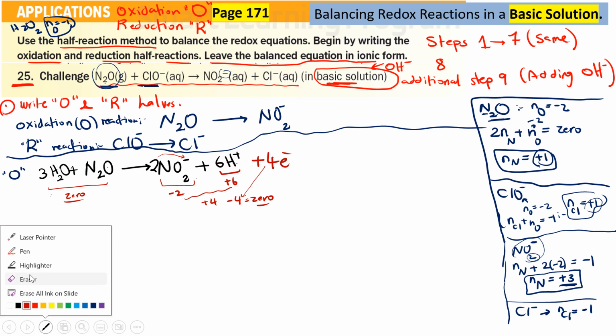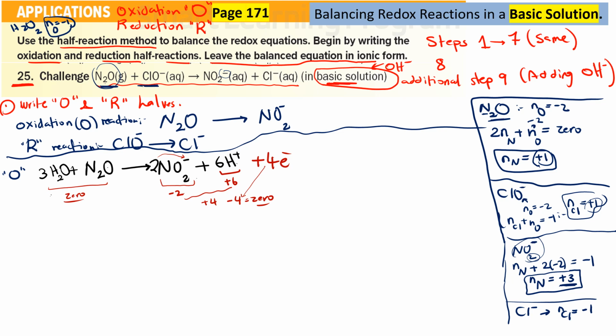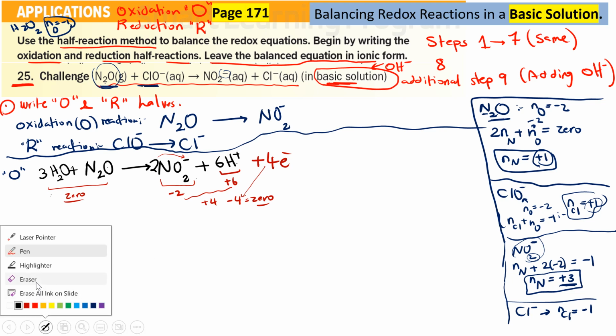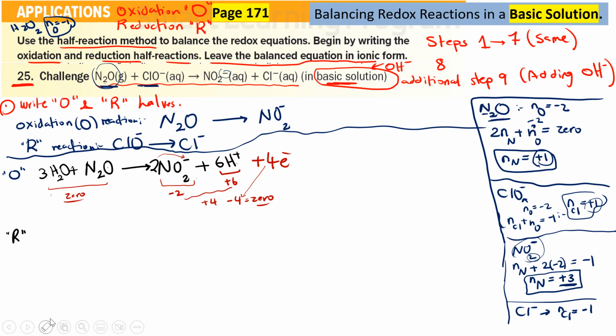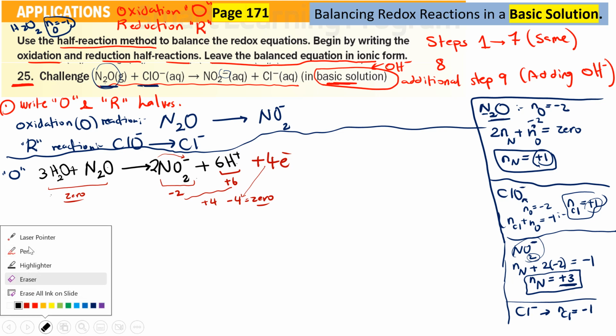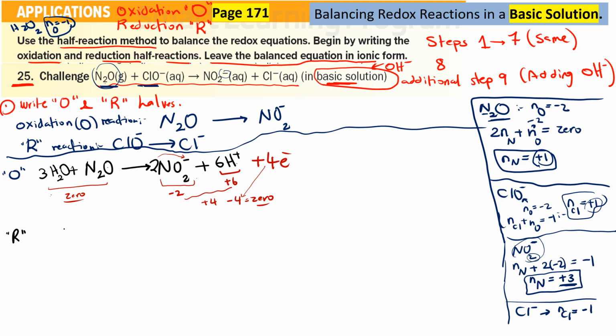Now let's go to the reduction half. Let's pick this color. Now the reduction half, which is ClO minus.